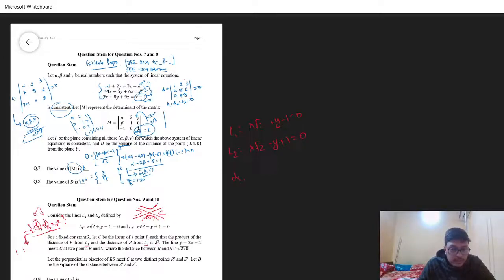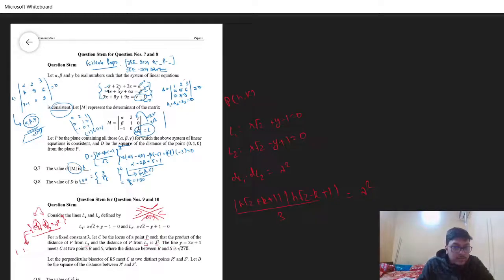But we have been told that d L1 times d L2 equals lambda square. Let the point P be h comma k, first of all to find the locus of this point. So it will be h root 2 plus k plus 1 times h root 2 minus k plus 1, divided by 3, equals lambda square.